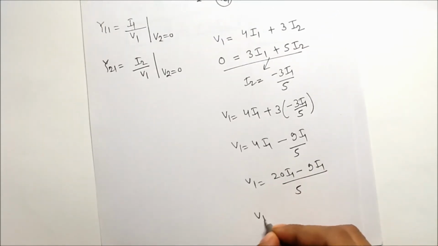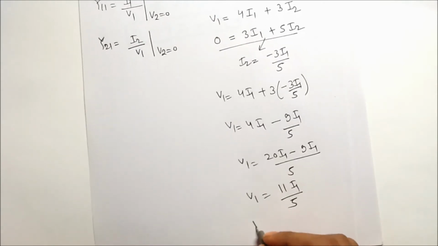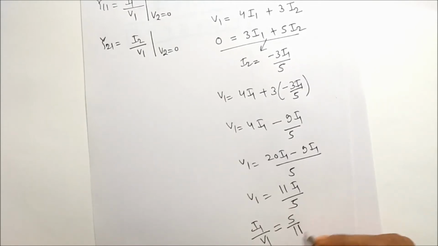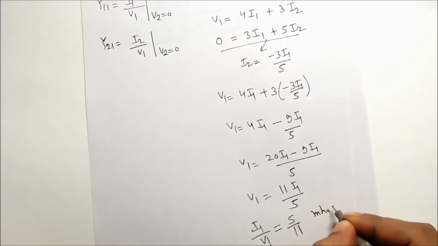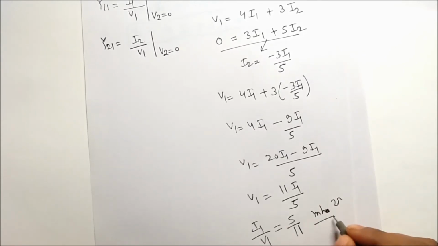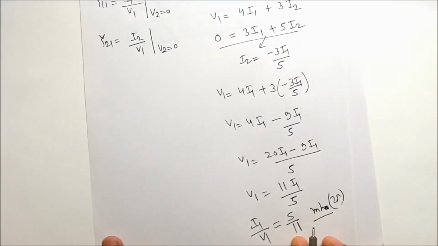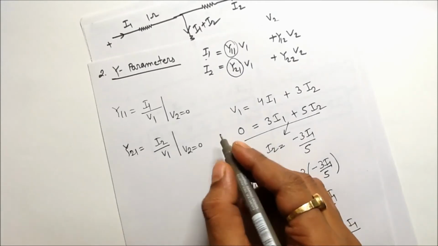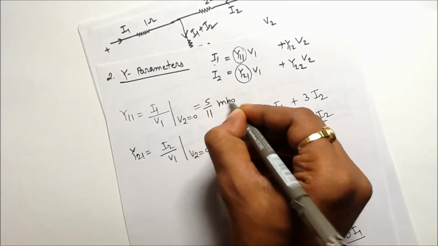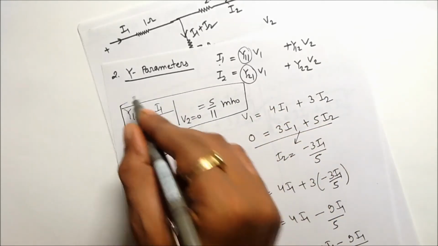So V1 equals 11I1 upon 5, and I1 upon V1 will be 5 by 11 and the unit will be mho. So the value of Y11 equals 5 upon 11. You have got the value of Y11.